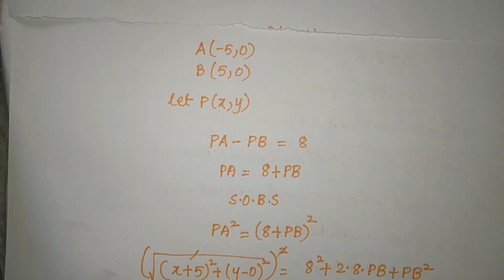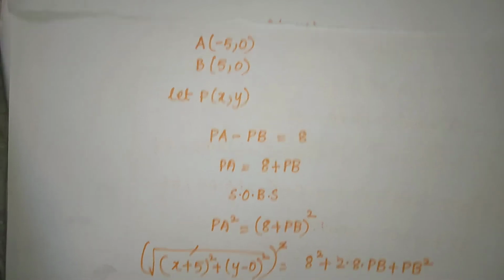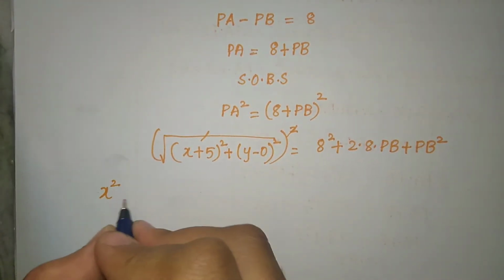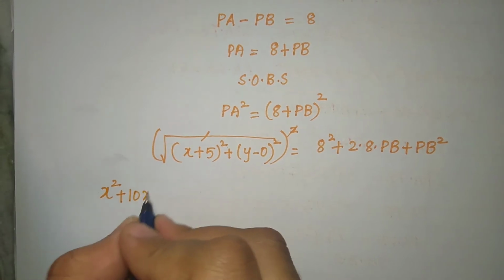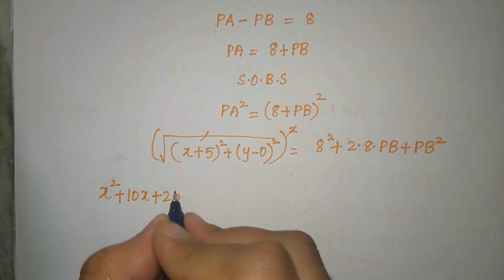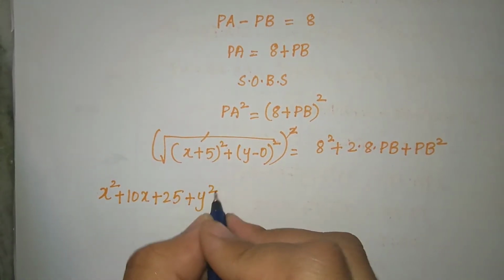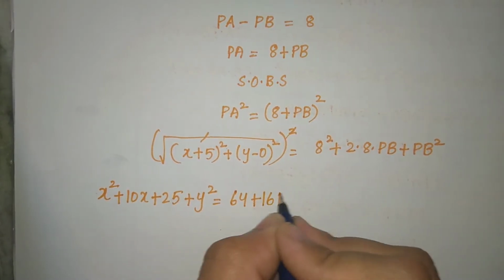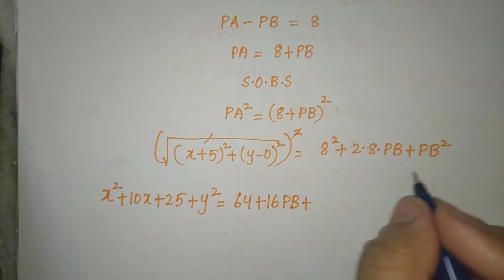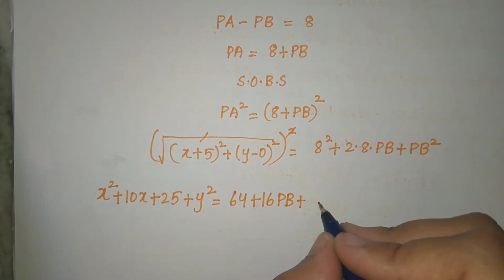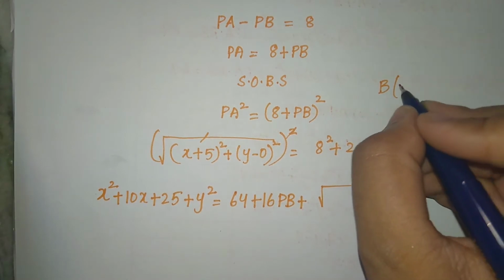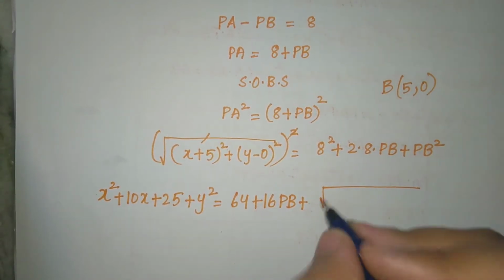Square and root will get cancelled. x square plus 10x plus 25 plus y square is equal to 8 square, 64, plus 16 PB. Distance from P to B, B is nothing but 5 comma 0.